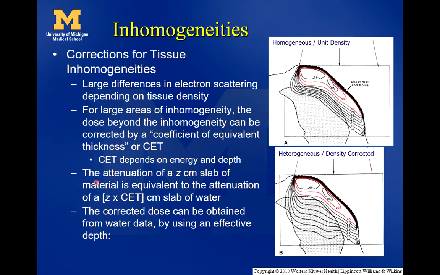So the attenuation of some amount, z centimeters of slab material, is equivalent to it. So you could take some thickness multiplied by its coefficient of equivalent thickness and get out what you think that distance is.